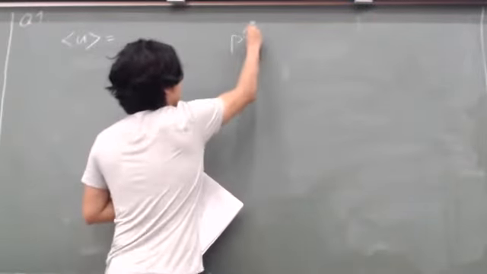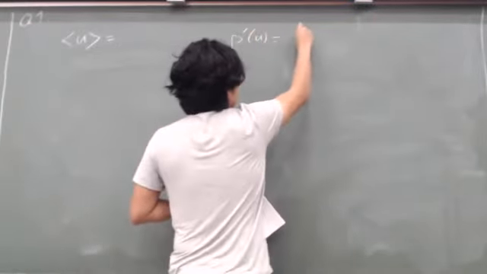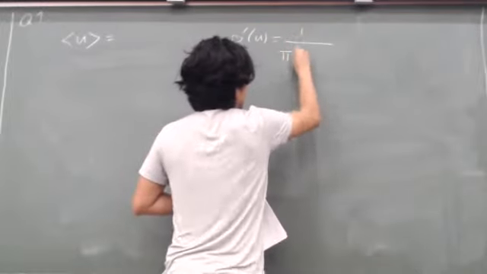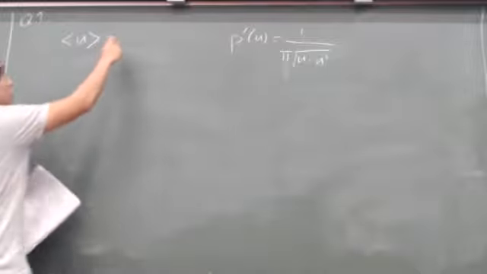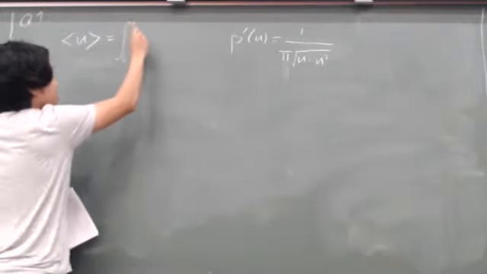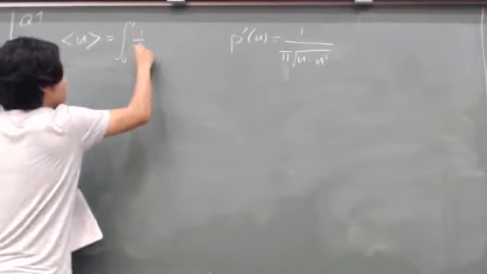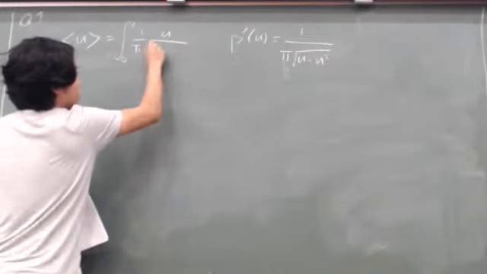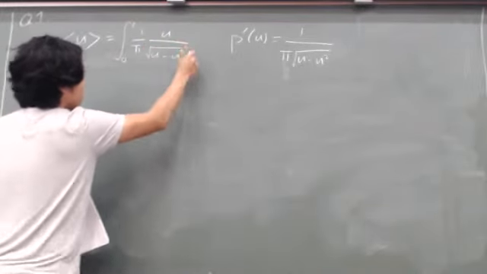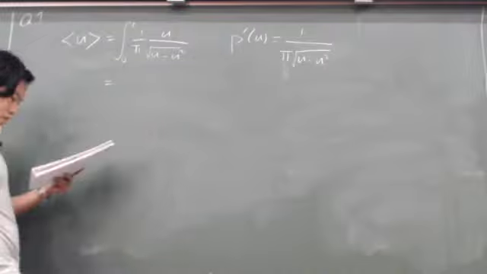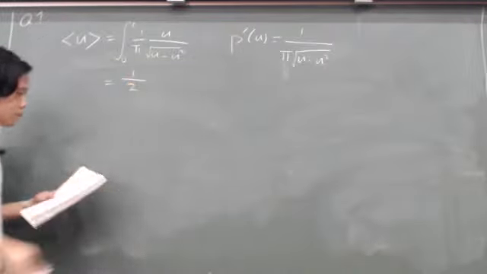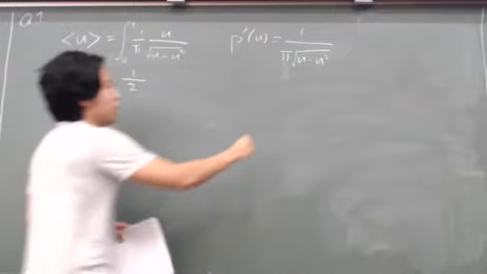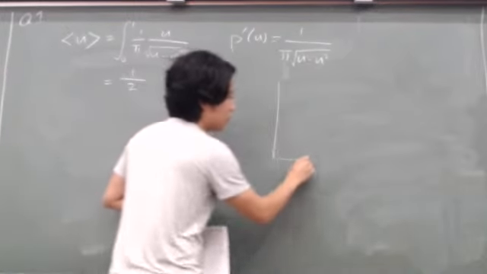So P dash U is 1 on pi root U minus U squared. I definitely use Mathematica for all of these because no way I'm doing these by hand. So 1 on pi U on square root of U minus U squared, and that was 1/2. If I drew it out, maybe it would make more sense why it's 1/2.